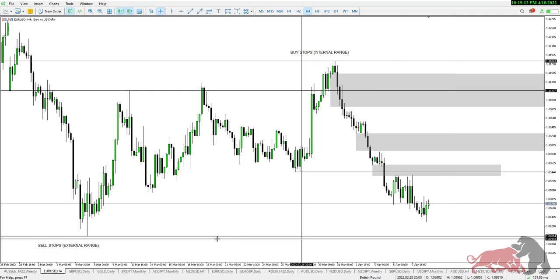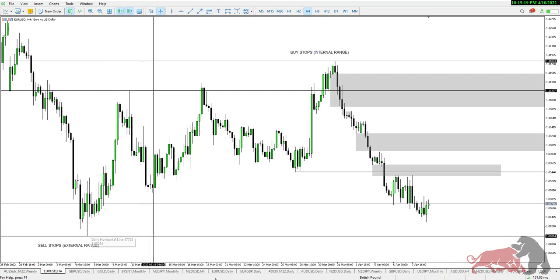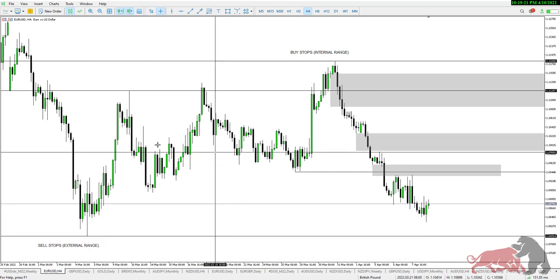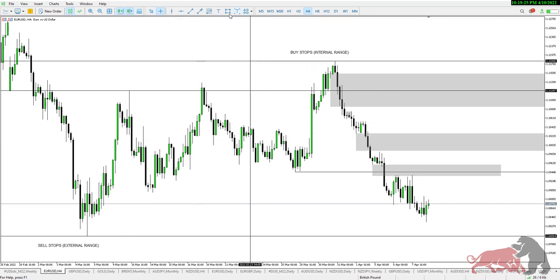If that happens, then this SMT bearish divergence on dollar index is invalid. Now, if it is a valid weakness in dollar index, then we are likely to see Euro USD finding strength inside this level here.